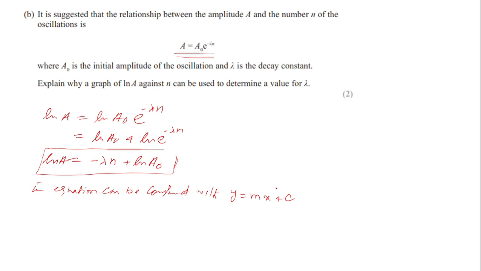So in the given equation, m is minus lambda. That's how you can write. So the gradient of the line is minus lambda. So for the graph of log of A versus n, the gradient should be equal to minus lambda. That's how you can explain these things.